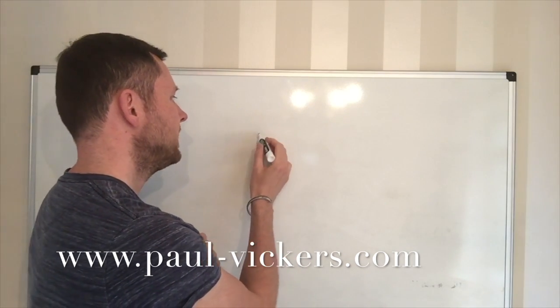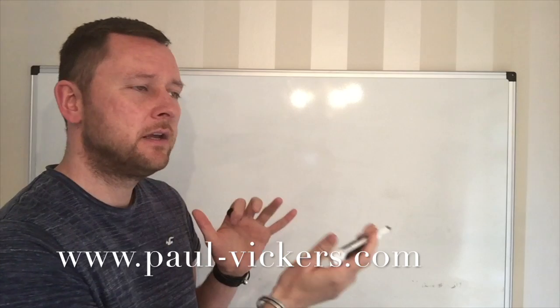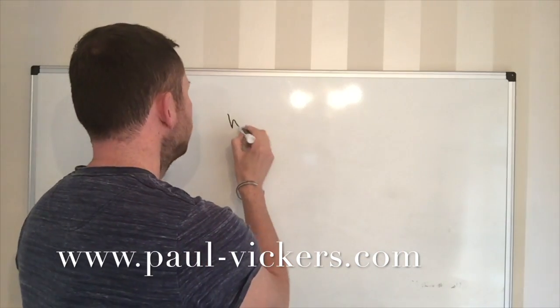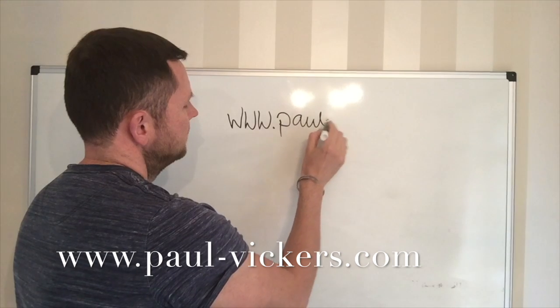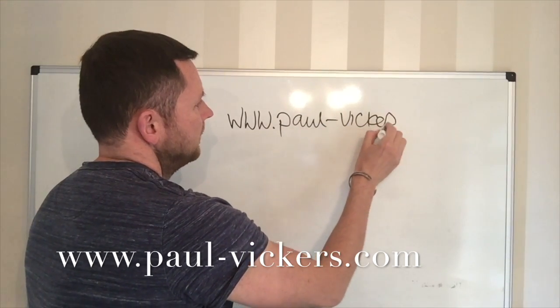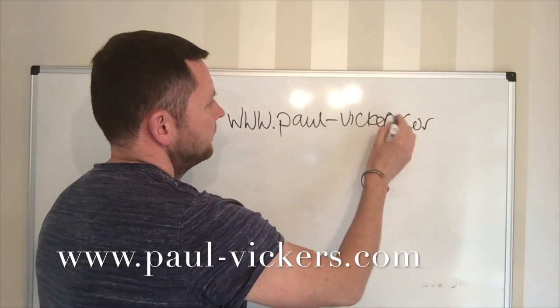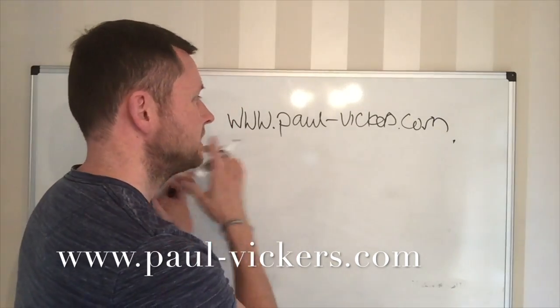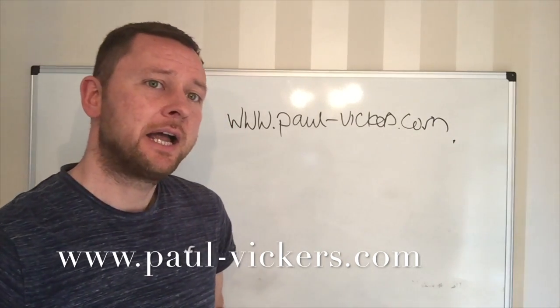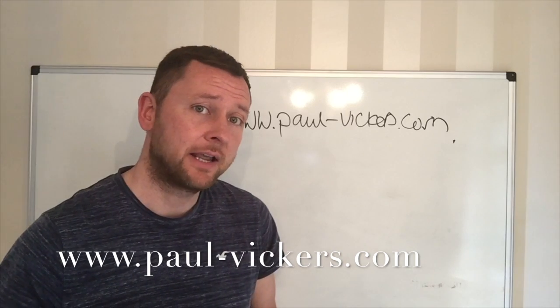And what you can do is you use any, say, a web address. So in my case, we could just use paul-vickers.com. That could obviously be anything for yourself. So you'll register a domain name and you'll link it to your Clickmagick account.